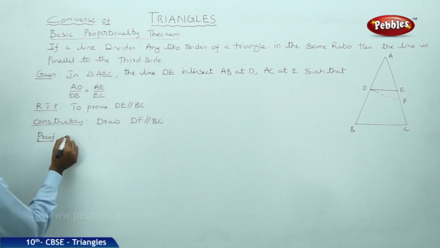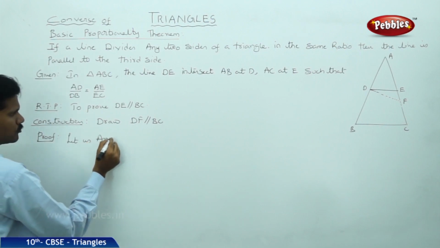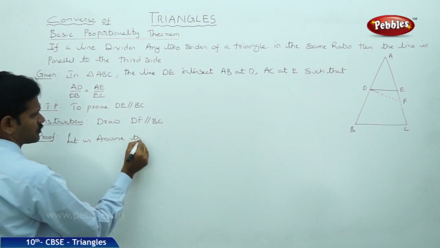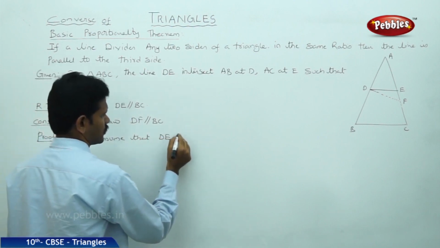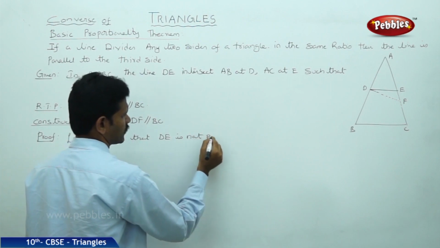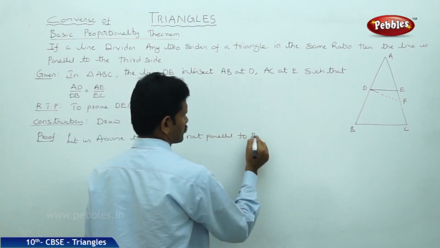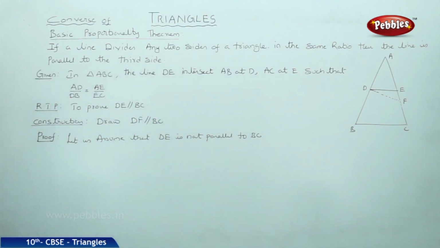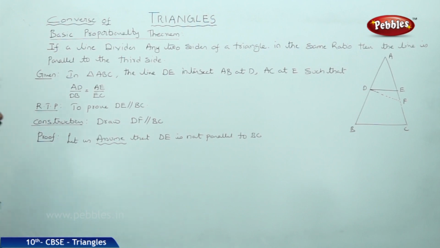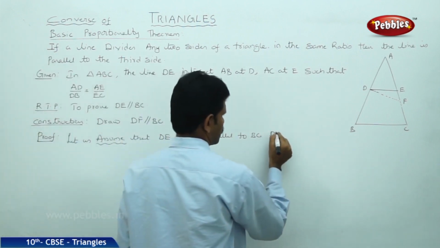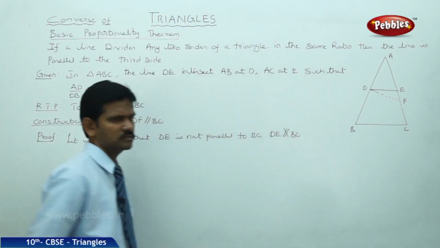Now let us assume that DE is not parallel to BC.